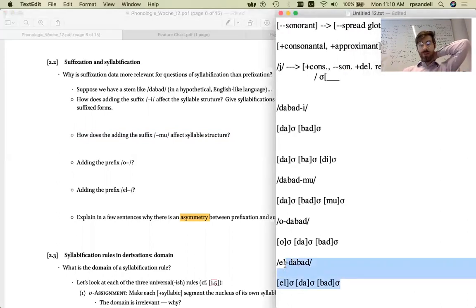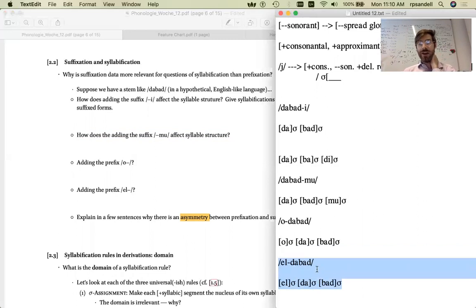The prefixes that we've added generally didn't change the syllabic constituency of the original stem here, whereas adding some suffixes may have, in particular if the suffix just consists of another syllable nucleus here.